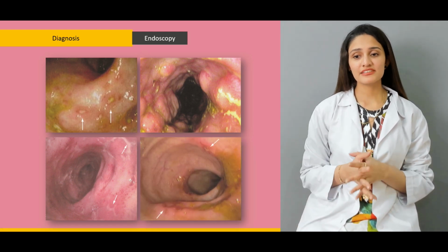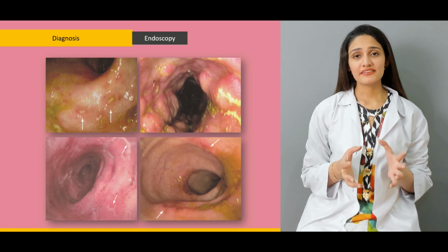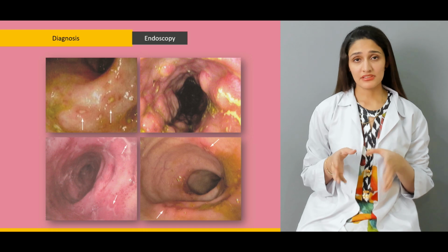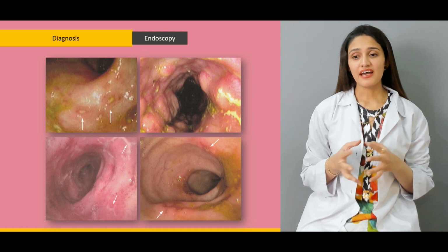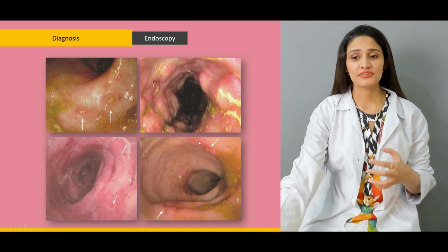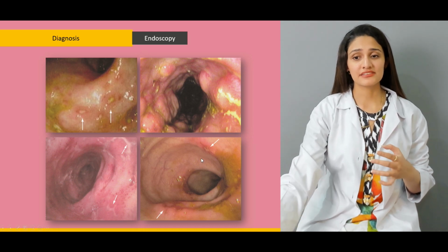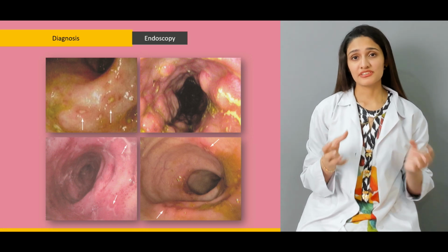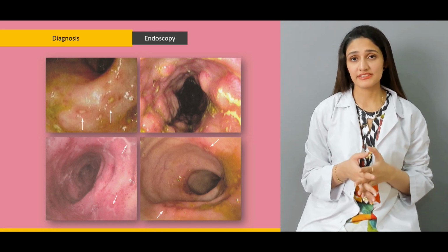And lastly, in this picture, we can see that there are discrete ulcers within the small intestine, and we can see that there is a slight erythema with these discrete ulcers, and there's patchy inflammation, which is typical for Crohn's disease.